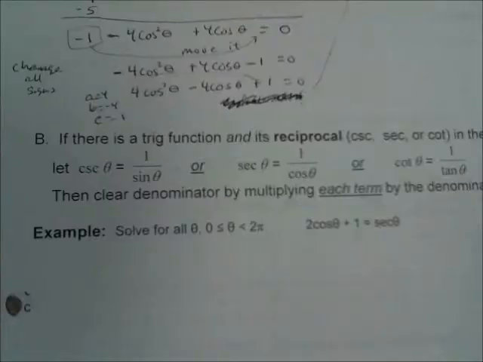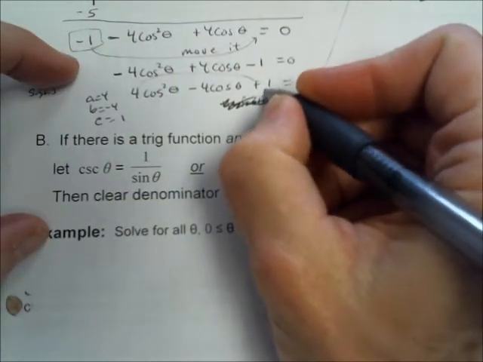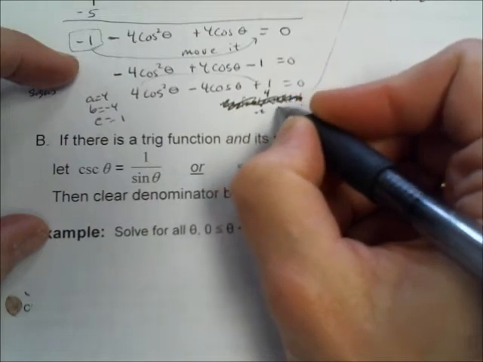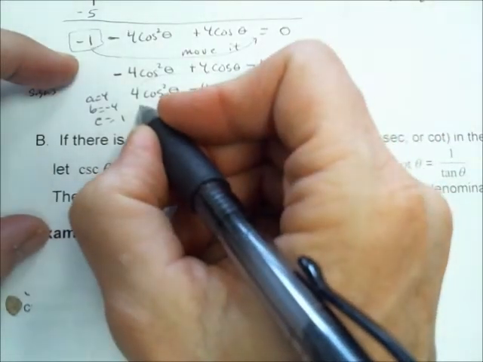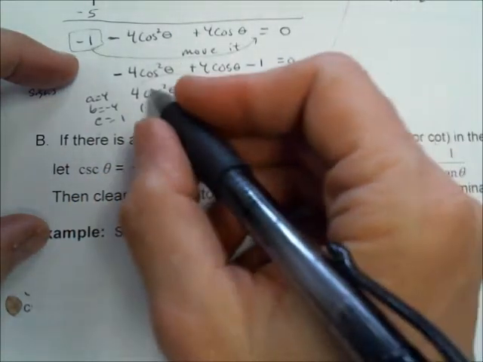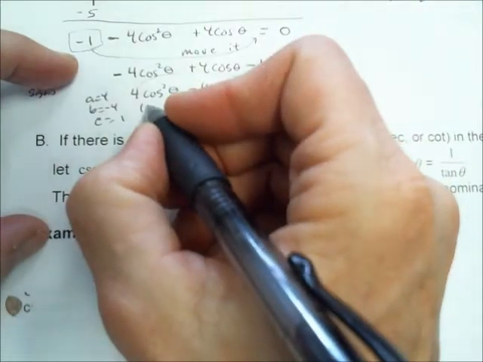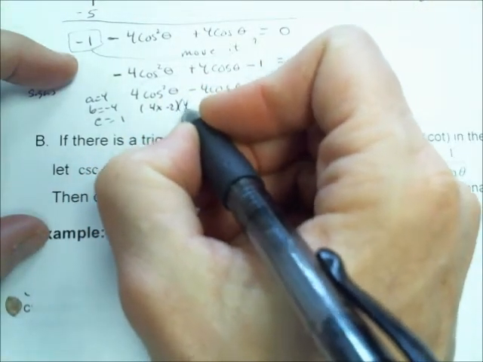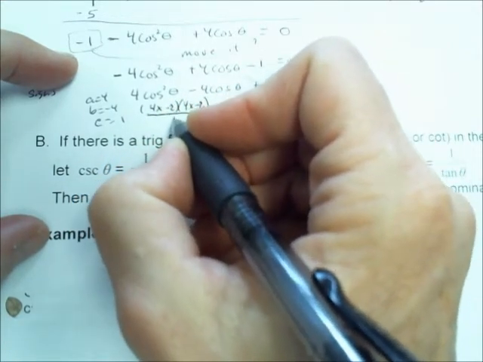And now we're going to factor this. 4 times 1 is 4, and the factors of 4 that add up to negative 4 are negative 2 and negative 2. So inside parentheses, let's call this 4x squared minus 4x plus 1, you can put 4x minus 2 and 4x minus 2 and divide the whole thing out by 4.